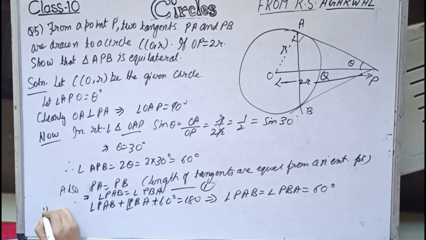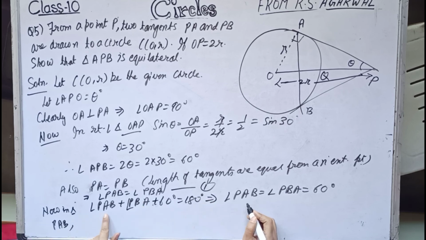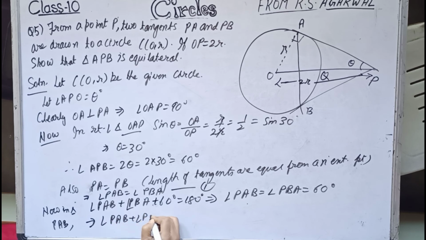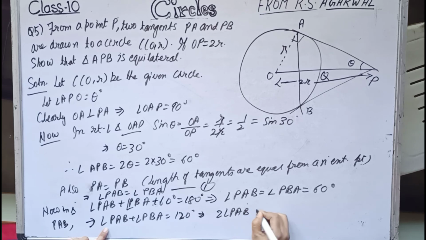Now, in triangle PAB, angle PAB plus angle PBA plus 60 degree equals to 180 degree. Therefore, angle PAB plus angle PBA equals to 180 minus 60, which is 120 degree. This implies twice of angle PAB equals to 120 degree.